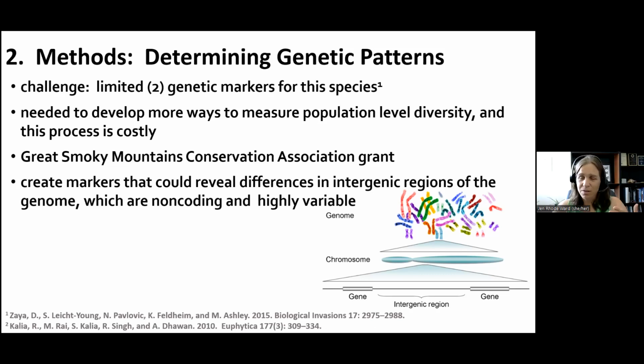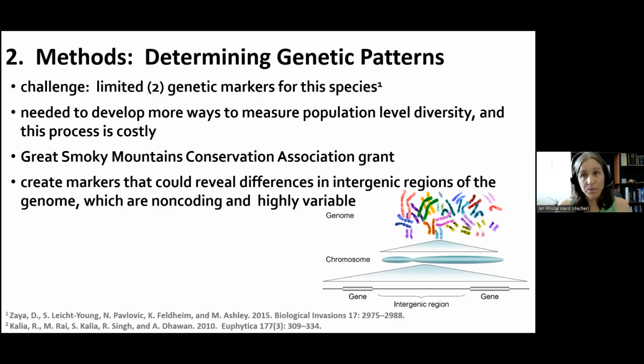And so they can tell you something about what's happened to that organism. They can tell you if that organism has undergone natural selection. They can tell you whether mating in a population is random or not. So is there some selection for who's mating with whom or not? These intergenic regions can reveal that information, even though they don't control visible traits or phenotypes or morphology.